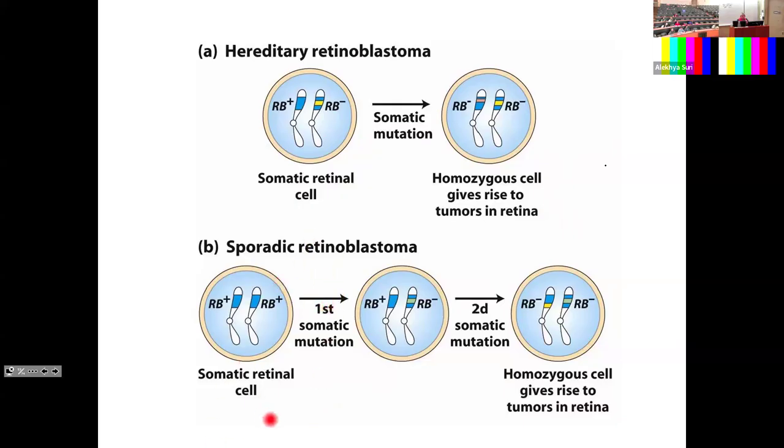The same person has a first hit, one mutation, so it becomes heterozygous. Then a second mutation gives a homozygous cell and they have a tumor. So there are two types: hereditary retinoblastoma, where the baby already has this and then gets one hit in the somatic cell.